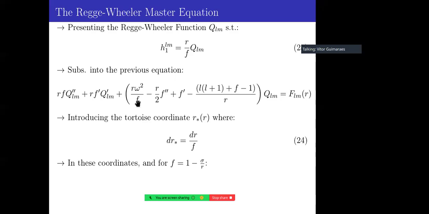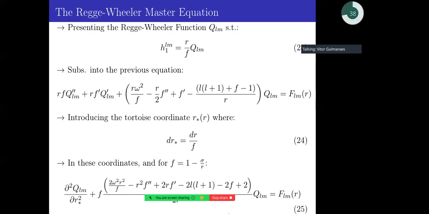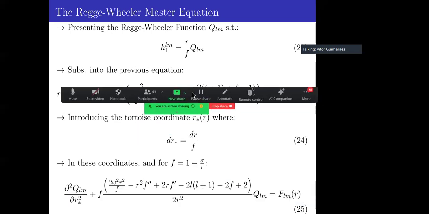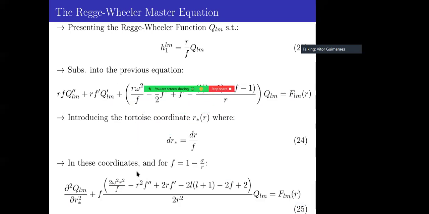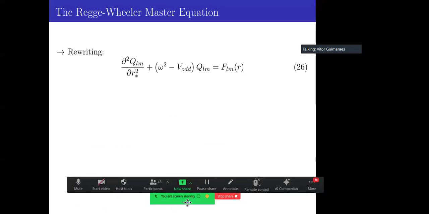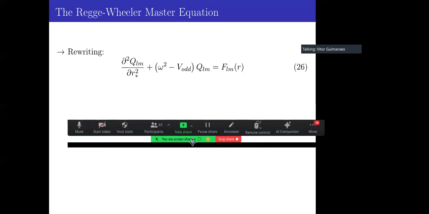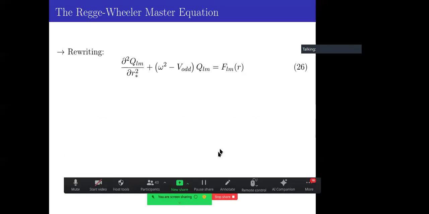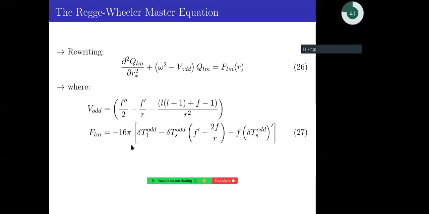Trading r by r star. And in this coordinate system, we get this equation here and, relabeling again, identifying this part here as the potential, as the odd potential, we get to the Regge-Wheeler equation, which is basically a Schrodinger-like equation, right? And here is the source term.